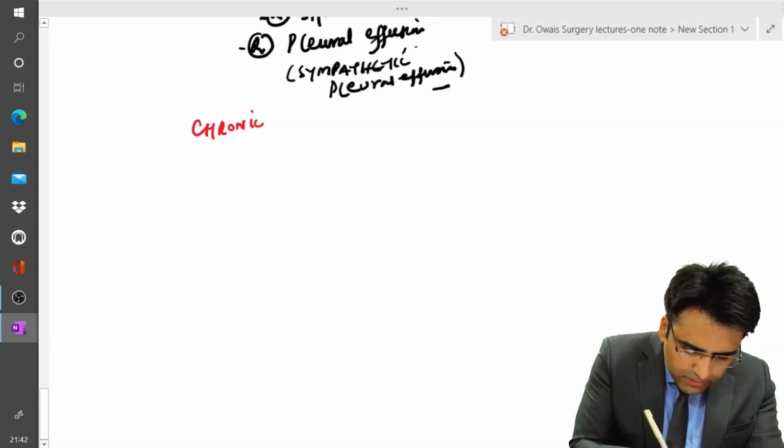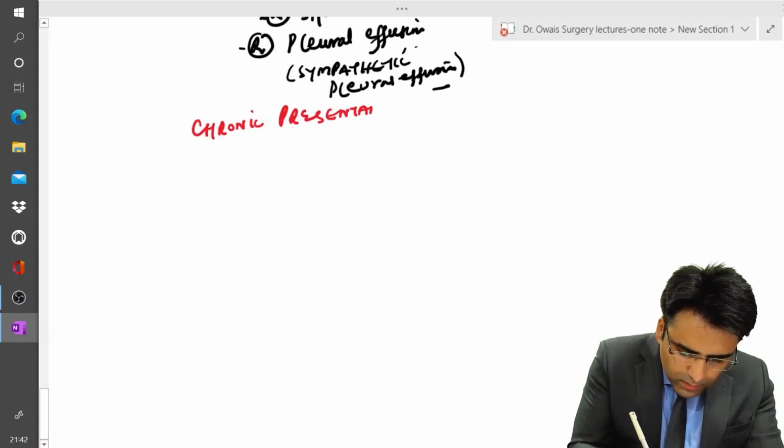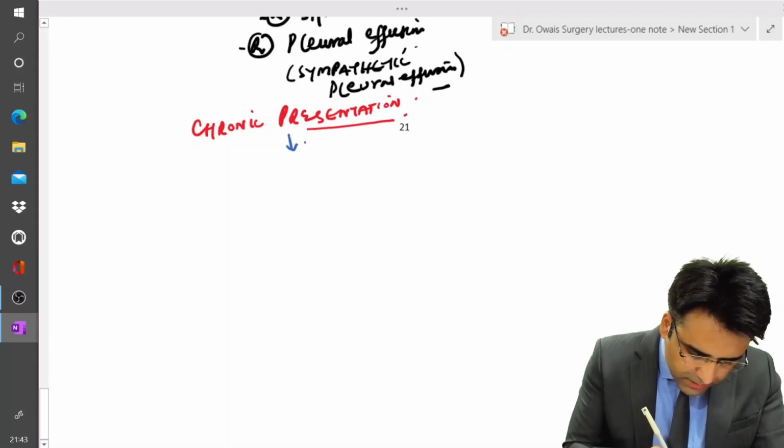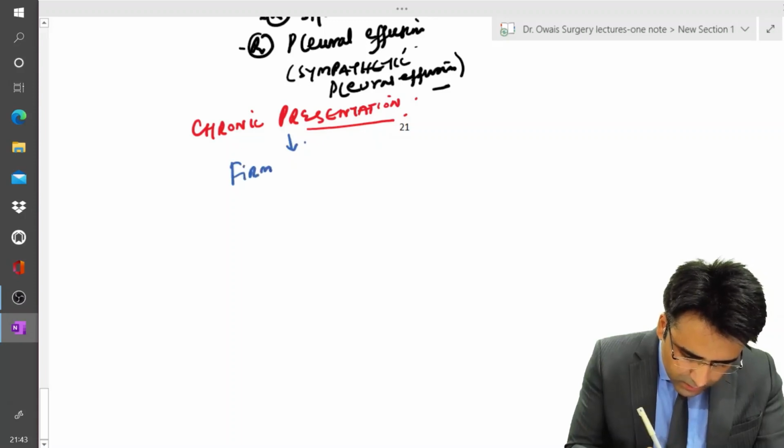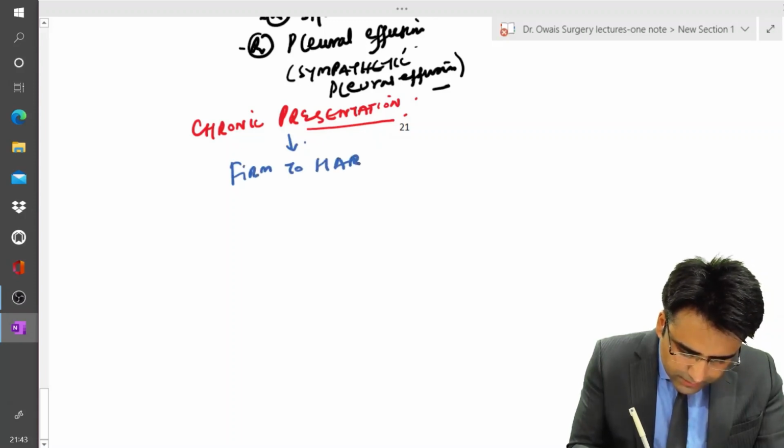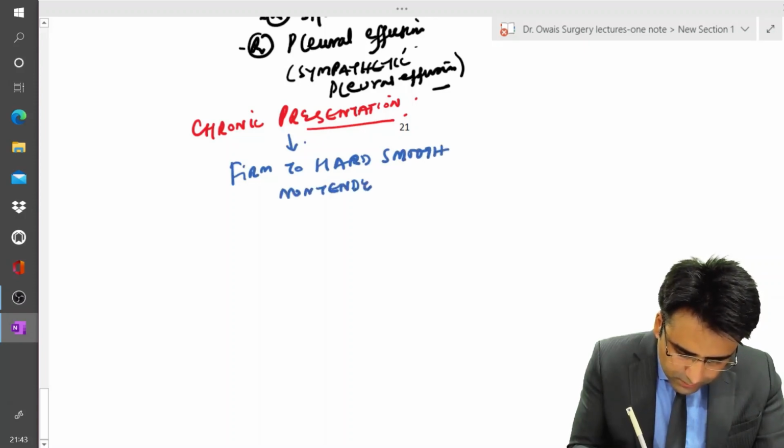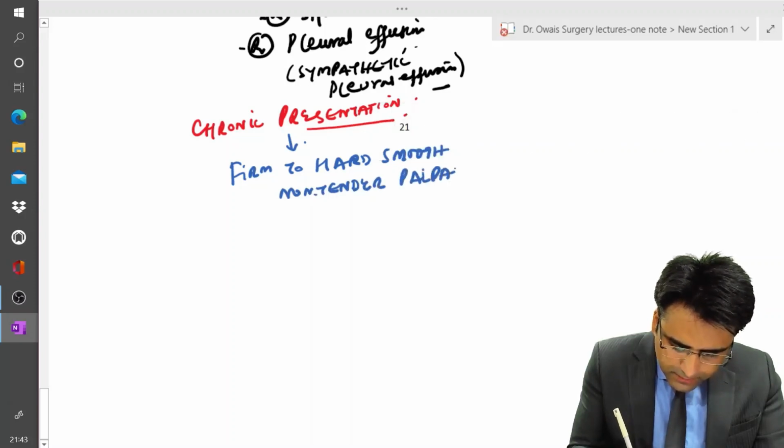Now in chronic presentation, what will the patient present with? The patient may present with a firm to hard, smooth, non-tender, palpable liver.